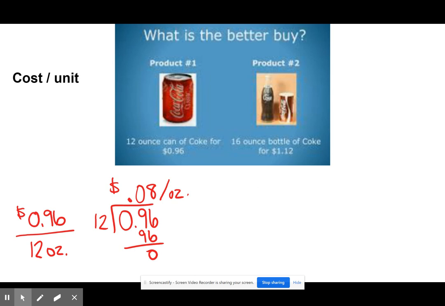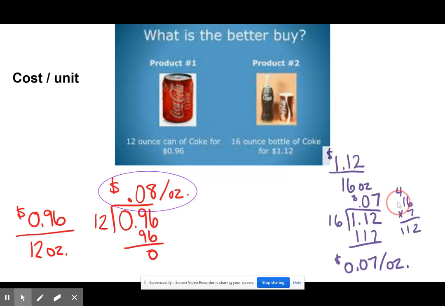I got 8 cents an ounce for product 1. I did my division over here and I got 7 cents an ounce. Whew, pretty close. So which one would you go with and why? I'd go with this other one because it's 1 penny cheaper per ounce. And every penny counts, right?